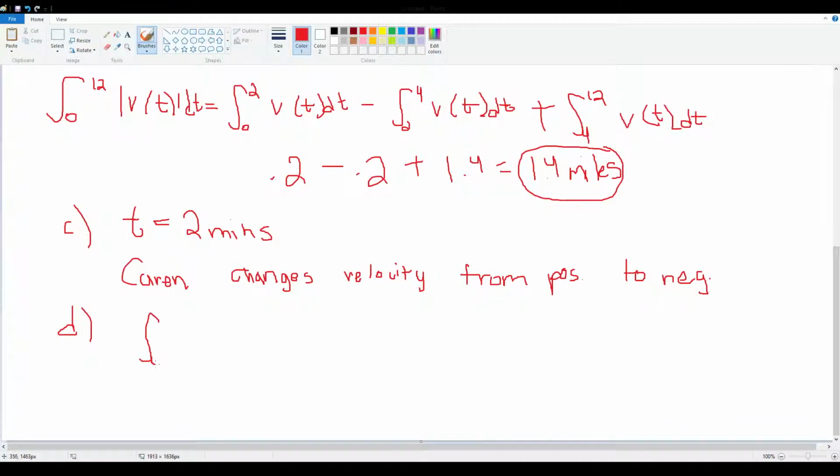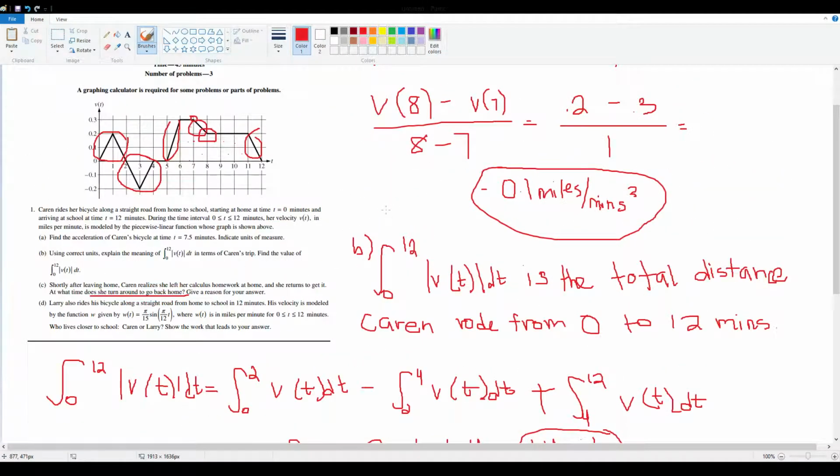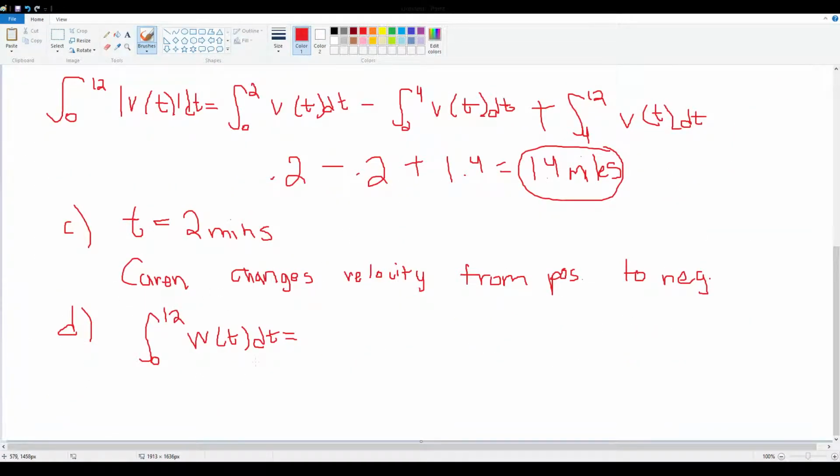So you'd go 0 to 12 of w of t dt, so you're going to find the antiderivative. All of this, parts B, C, and D, are definite integrals.